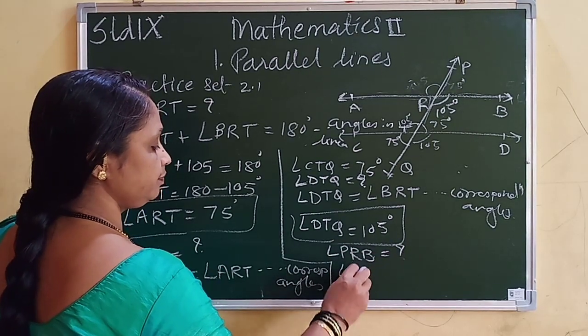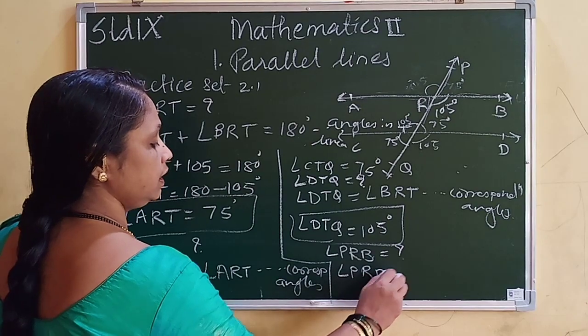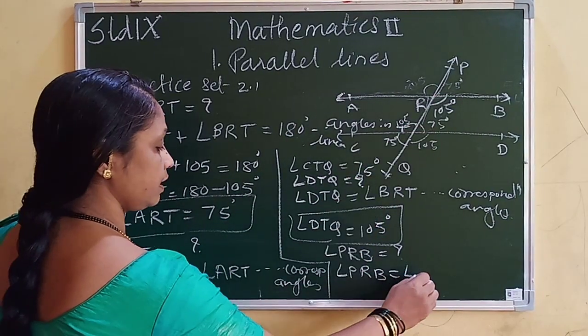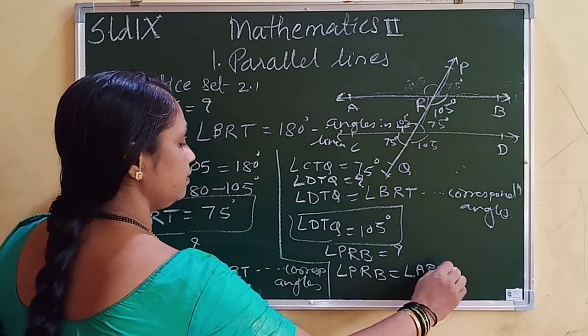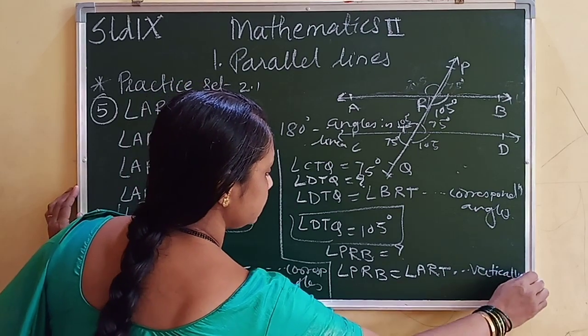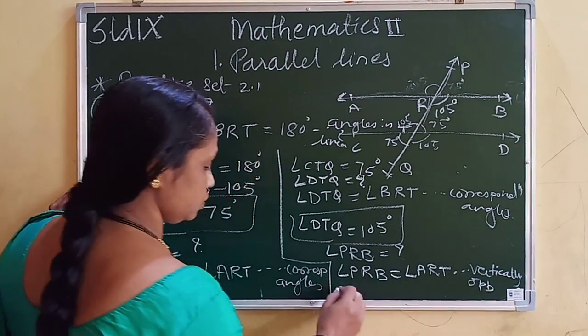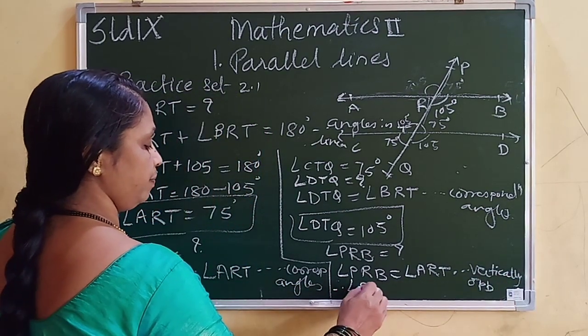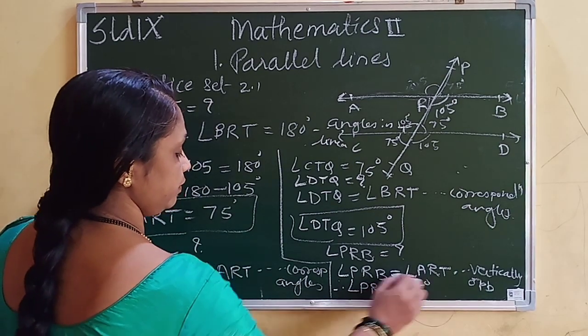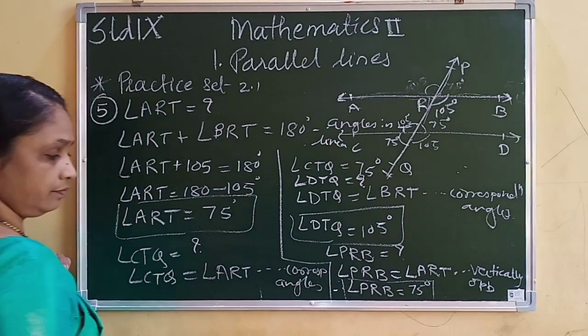Angle PRB is equal to angle ART, vertically opposite angles. So these are vertically opposite angles. Therefore angle PRB is equal to 75 degrees.